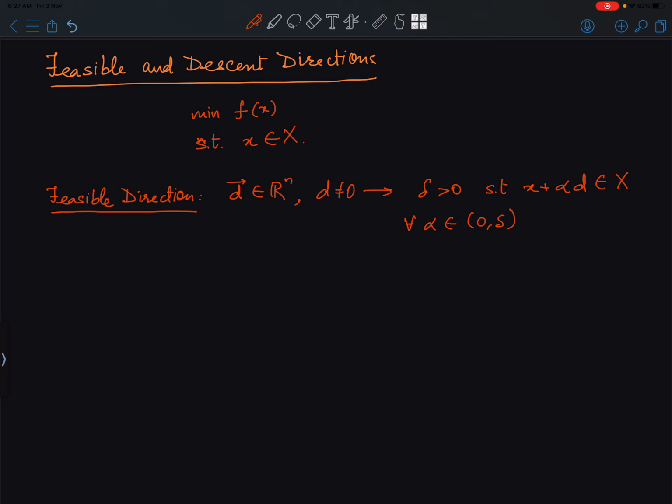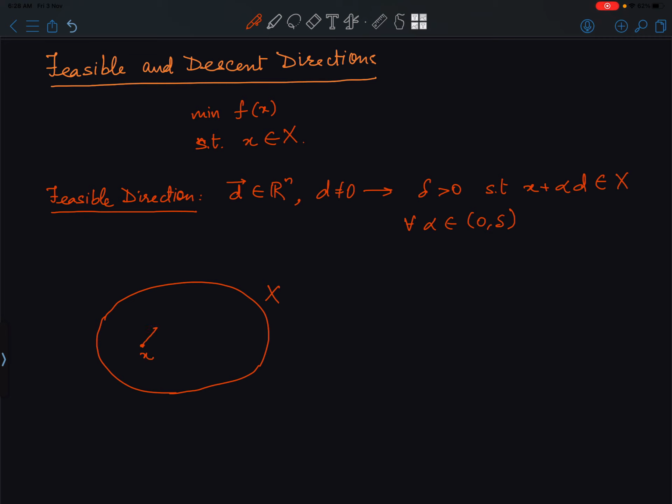It means that suppose you have this particular set X, right, and suppose your x is this particular point. So for all delta greater than 0, you can actually find a direction in which you can move and you still remain in set X, right? So this is my set X, the feasible set, and this is my small x.